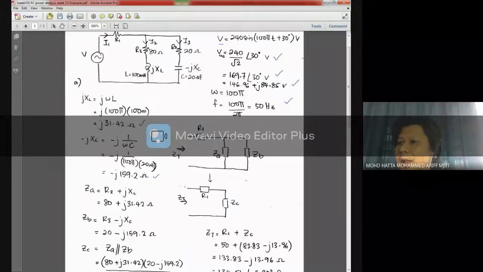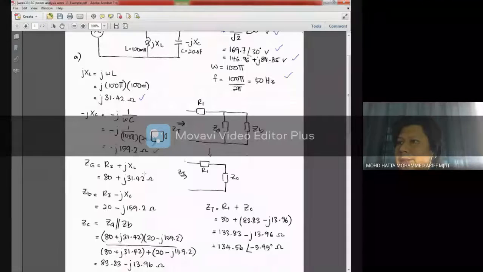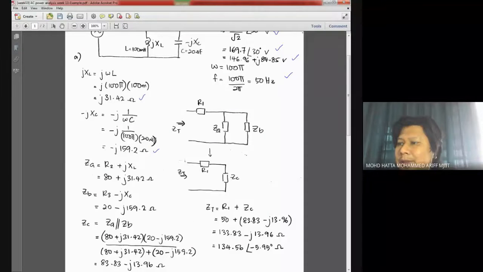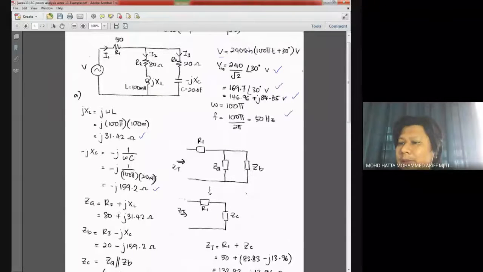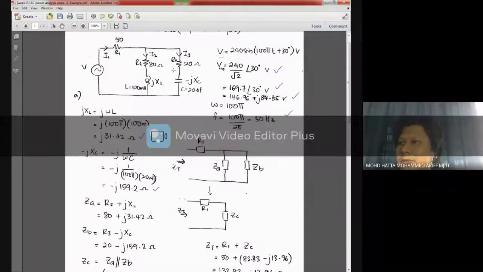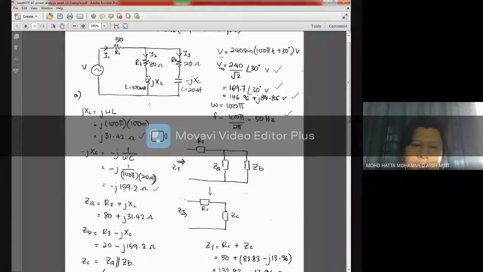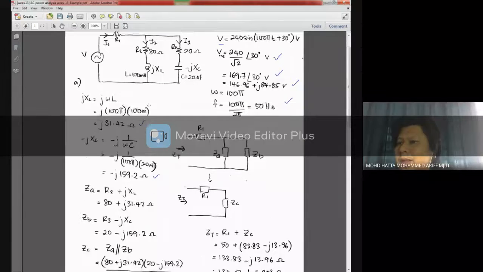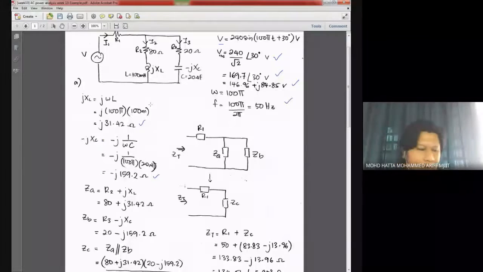As I mentioned earlier, it's about the branches. The first branch I simplify as ZA. ZA is R2 plus jXL. I know the resistors are not labeled as R1, R2 or R3, but you can label them yourself to make your calculation look nicer or easier.